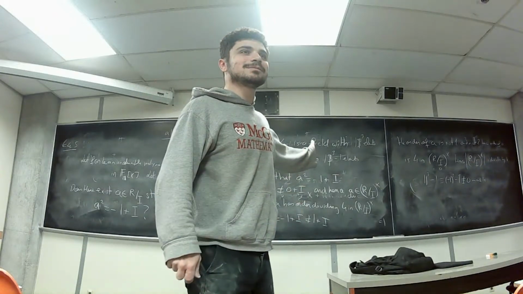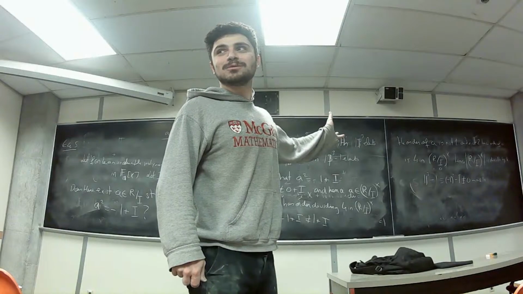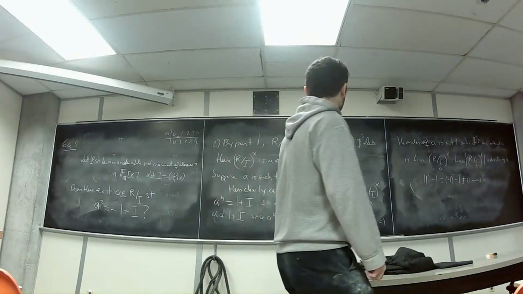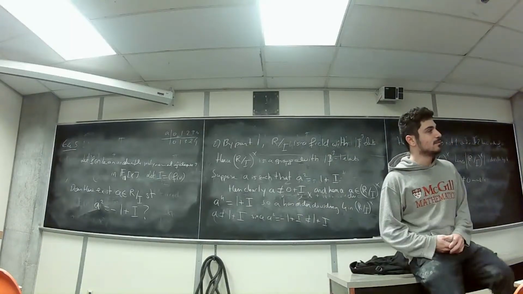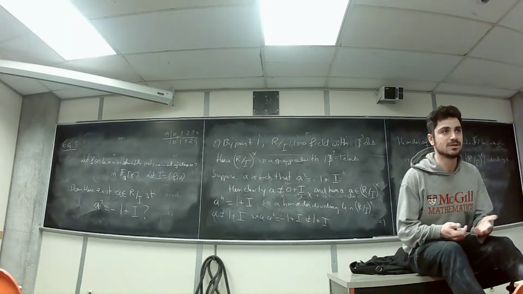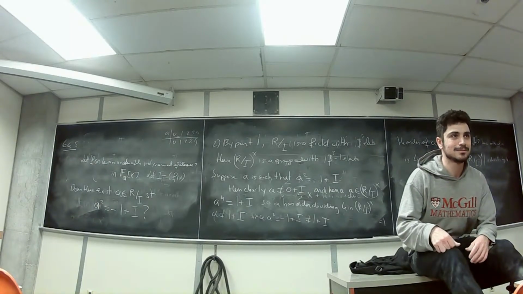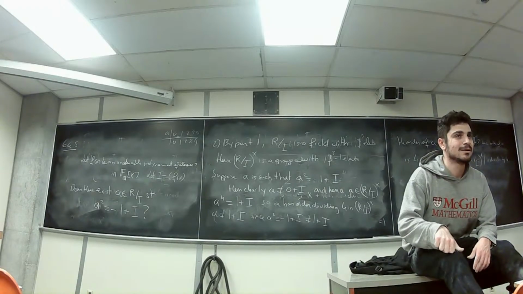Is it clear or not? We did this yesterday with t squared plus 1, right? If you have a field with 11 cubed elements, do you have an element of order 4 in the group? No.